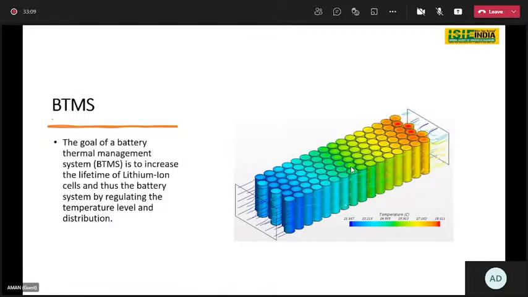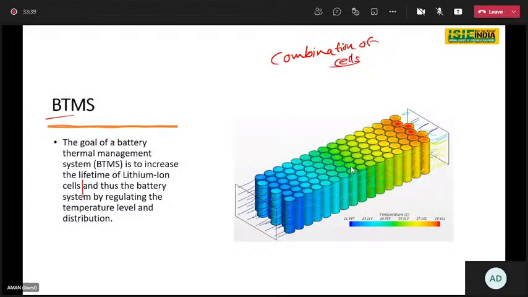BTMS stands for Battery Thermal Management System. The goal of a battery thermal management system is to increase the lifetime of lithium ion cells. So this is my battery pack. A battery pack is nothing but a combination of small cells.